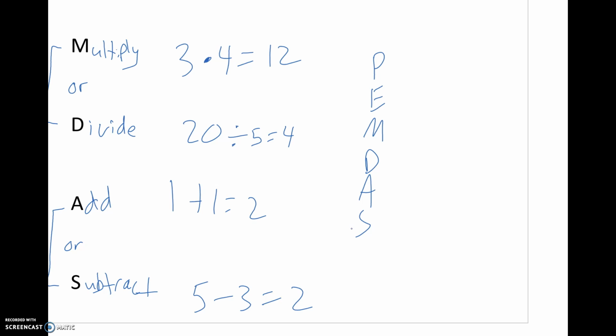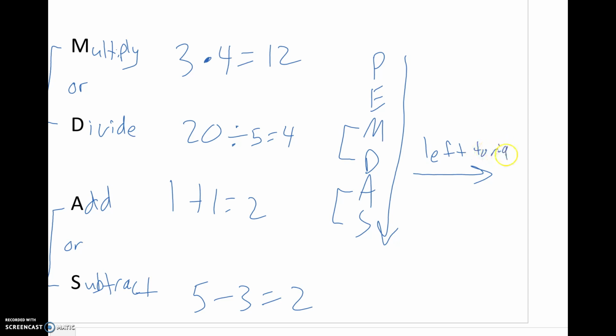Okay, so we're following this order going down with our parentheses, exponents, multiply, divide, adding, and subtracting. But at the same time, remember how we sort of grouped multiply and divide together and adding or subtracting together? At the same time, you're going to go left to right as well.